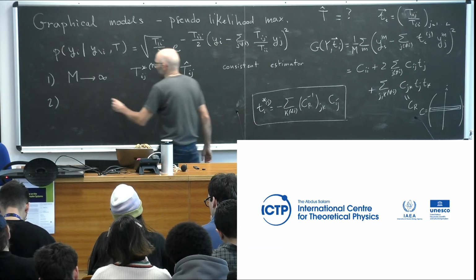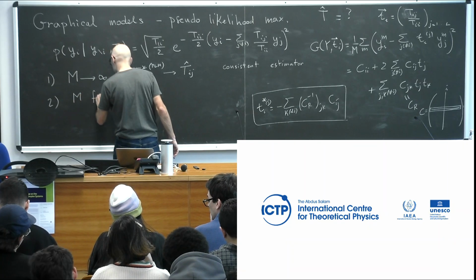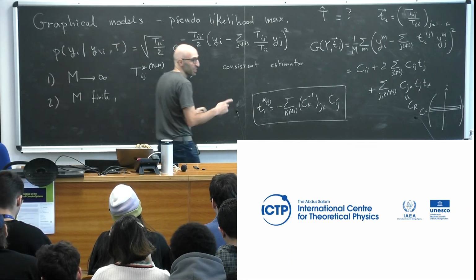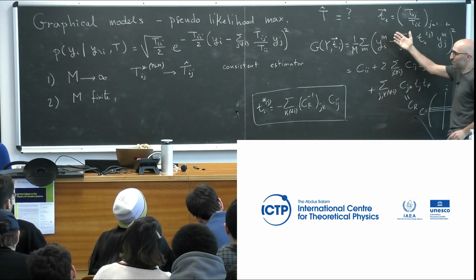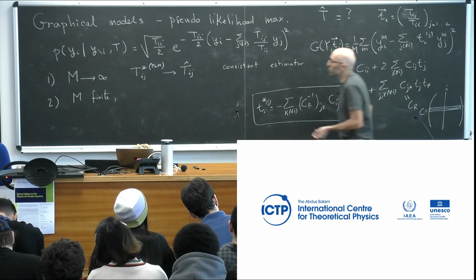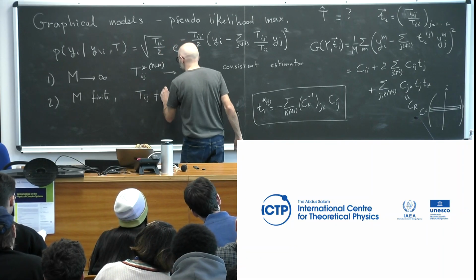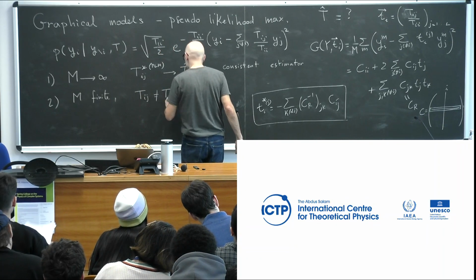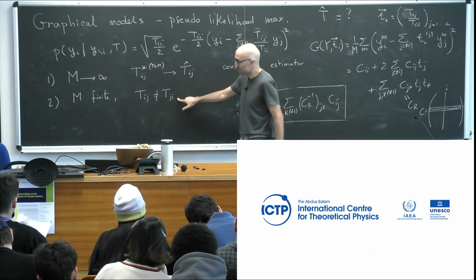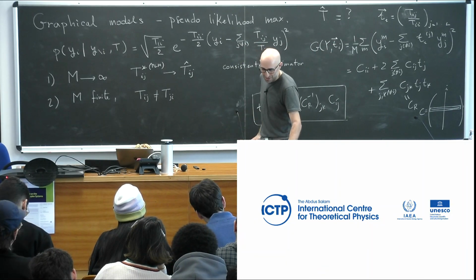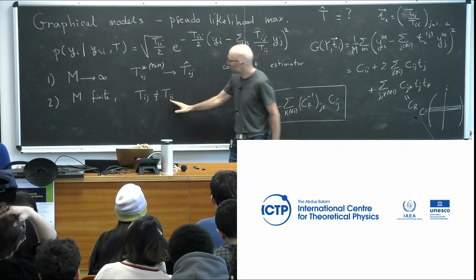The problem is that if m is finite, because here you are inferring each line of T separately from the others, you don't have a guarantee that T is symmetric. So in general, you might have asymmetric matrices. So you know that the original matrix is symmetric, so which one do you believe?